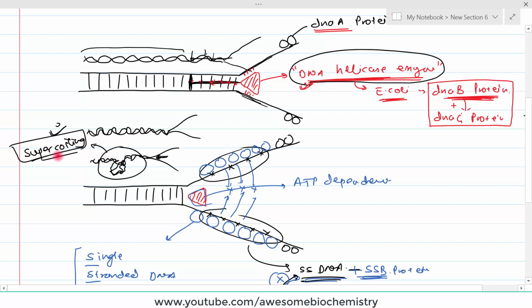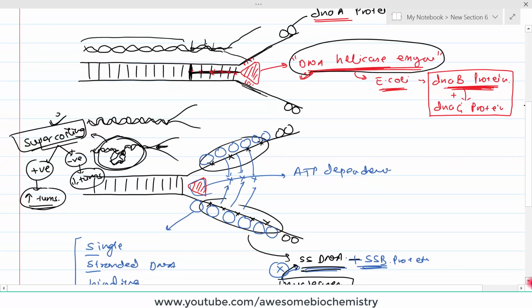Now supercoiling can be of two types. It may be a positive supercoiling or a negative supercoiling. In our case, this type of coiling is positive supercoiling. The definition of positive supercoiling is that when there is an increased number of turns, it is known as positive supercoiling. When there is a decreased number of turns, it is known as negative supercoiling.